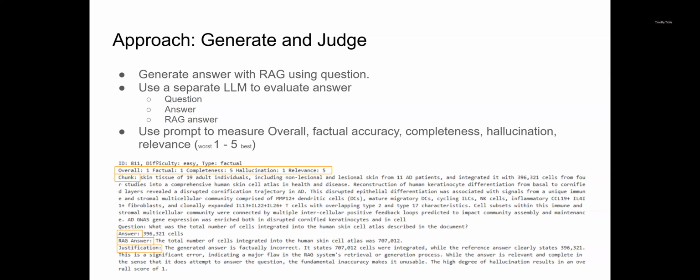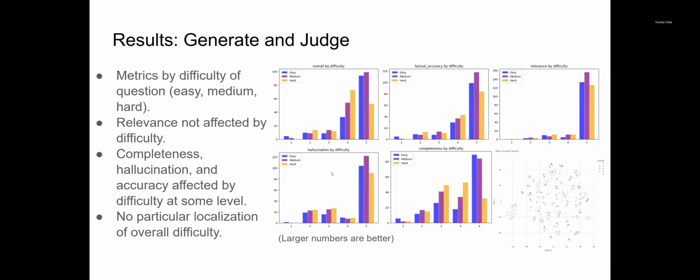It has its ID, has a difficulty of the question, and remember there's 3 questions per chunk. It has these different metrics that were given back from the judge, the chunk itself, the question answer pair, the RAG answer itself, and the justification on why these were given. So it's a really nice data set to start looking at things.